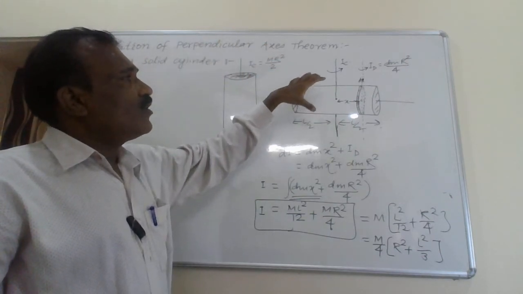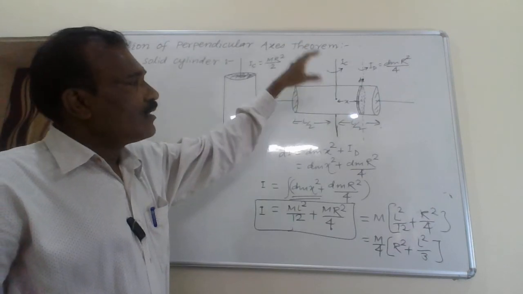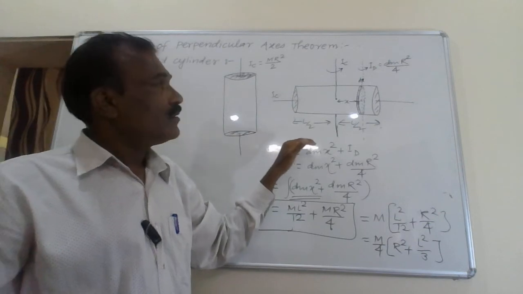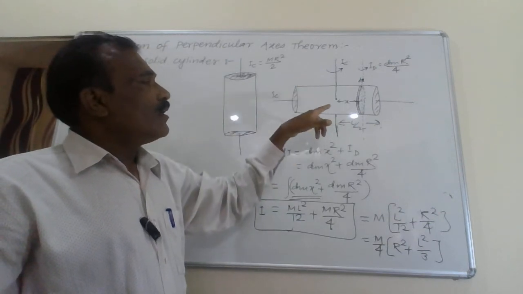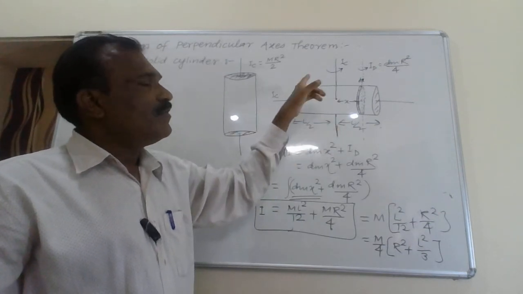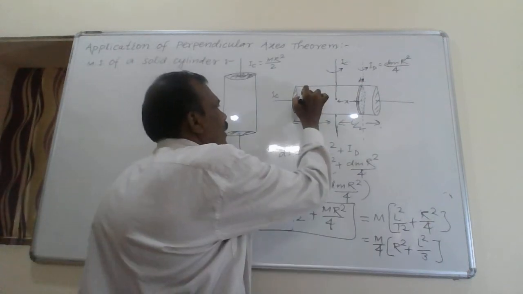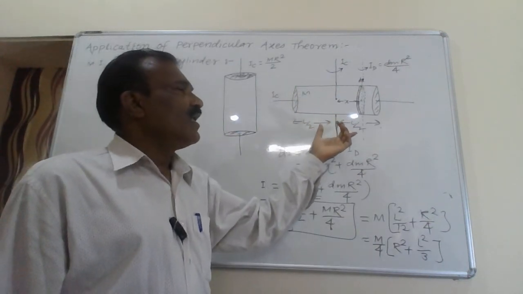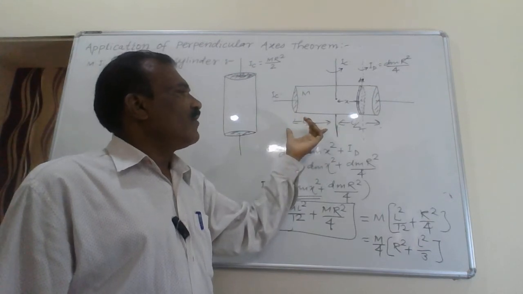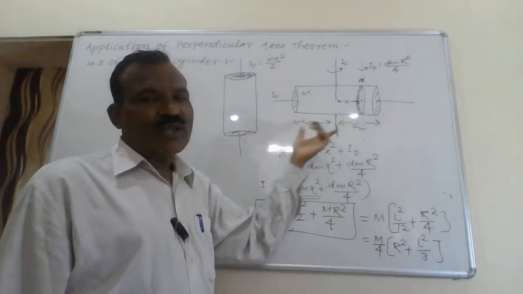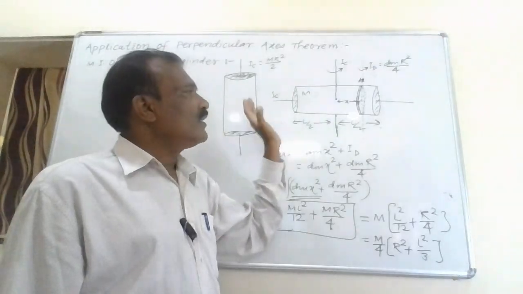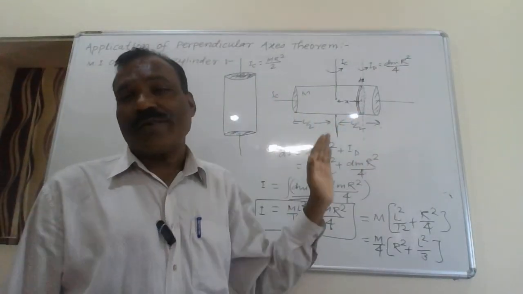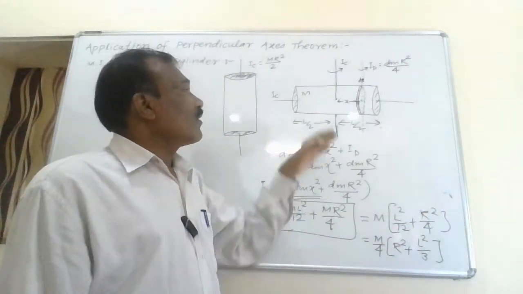Now let us try to find the moment of inertia of the solid cylinder about an axis passing through its center and perpendicular to its length. Suppose capital M is the mass of the cylinder, capital L is the length of the cylinder. This L can be divided into two parts, L by 2, L by 2, and we can integrate this from minus L by 2 to plus L by 2, similarly as that of a thin uniform rod.